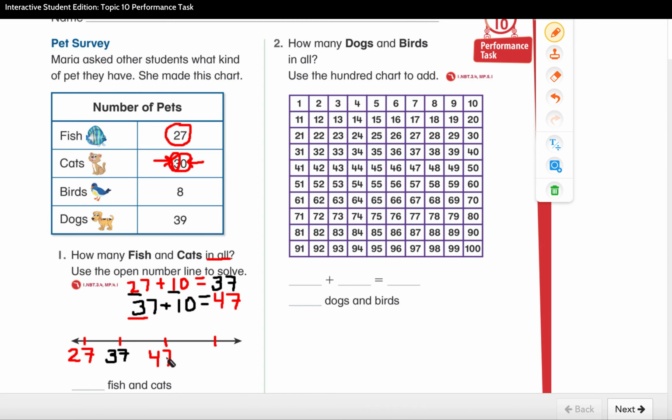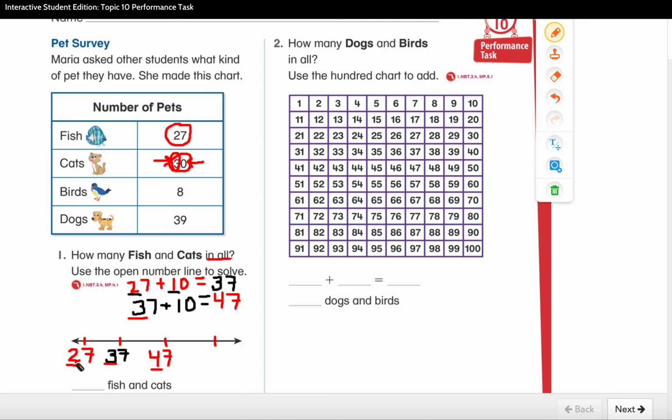And now we can start looking for a pattern here. What do you notice about the tens place every time we're going up by 10? Good. You should notice that it is going up by 1 every time. So I don't actually need to keep writing it out because I can save time.